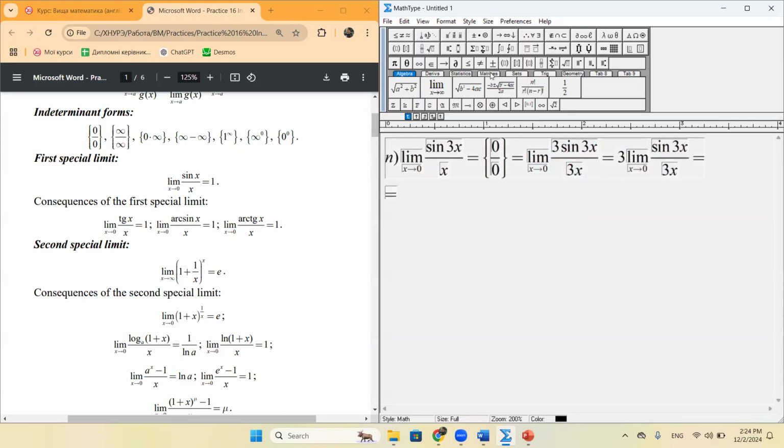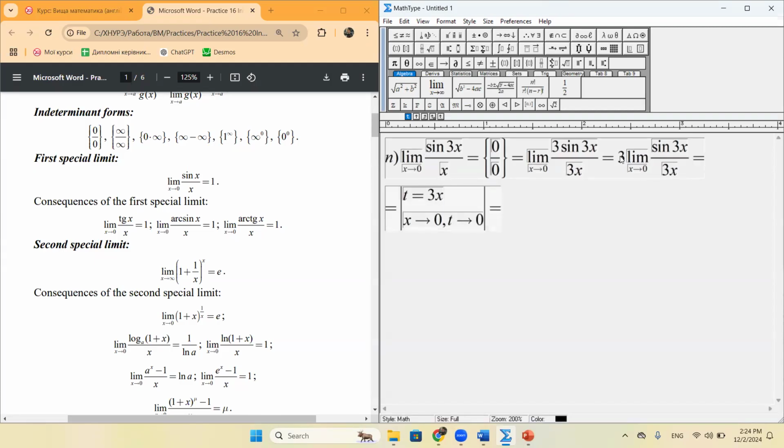Also, we can even make a substitution just to make everything ideally correct, so the correct procedure. So we can make the following substitution. So t equals 3x. And so x approaches 0, and t approaches 0 as well.